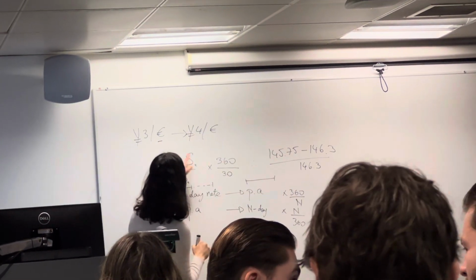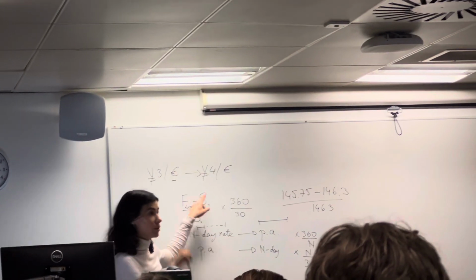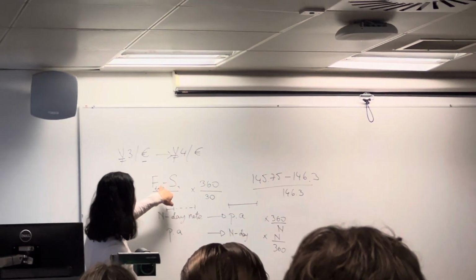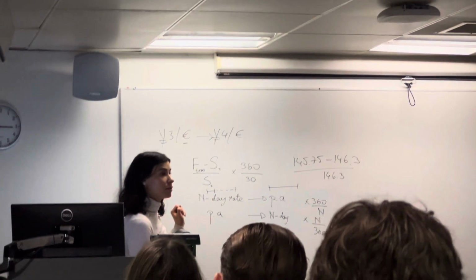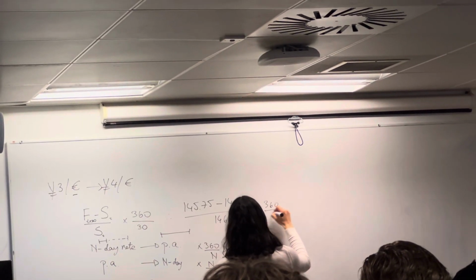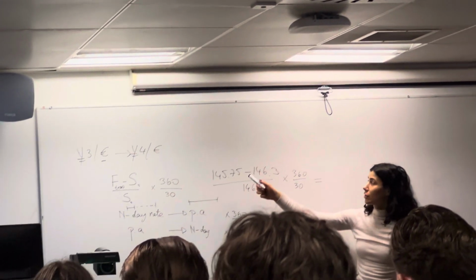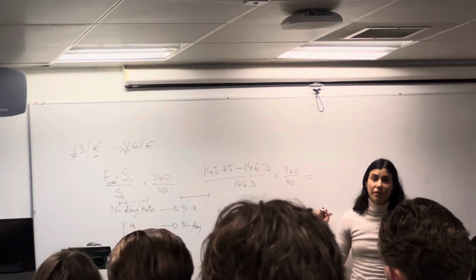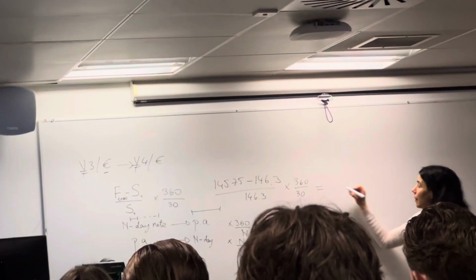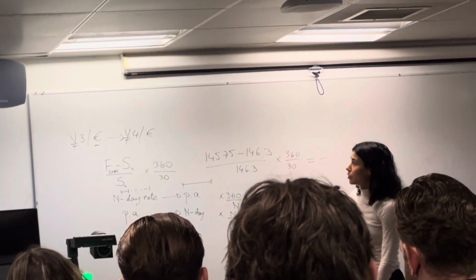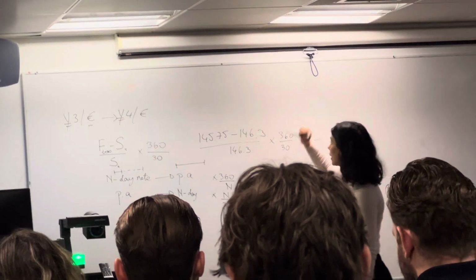So this is like a percentage change, if you want, how the spot increases or decreases from period T to the forward market in 30 days. Okay, times, so this is the 30-day, 360 over 30. Now the numerator is negative. And if it was a forward premium, it would be the other way around. Positive. So we can do another example.